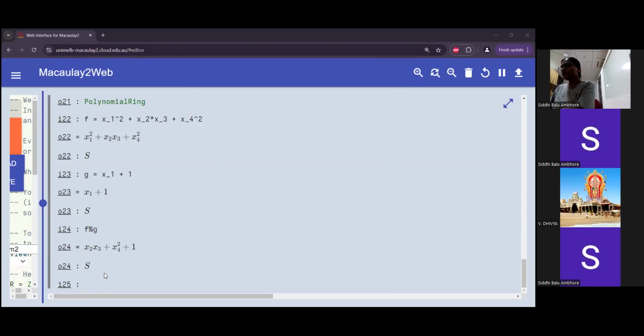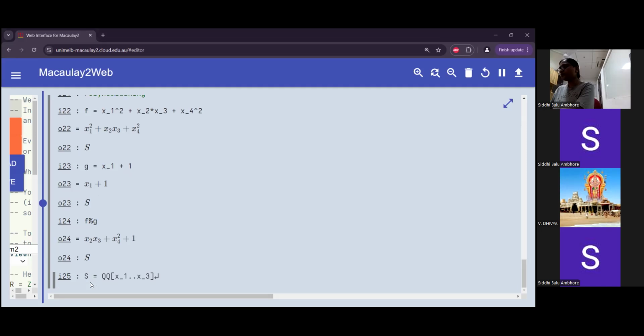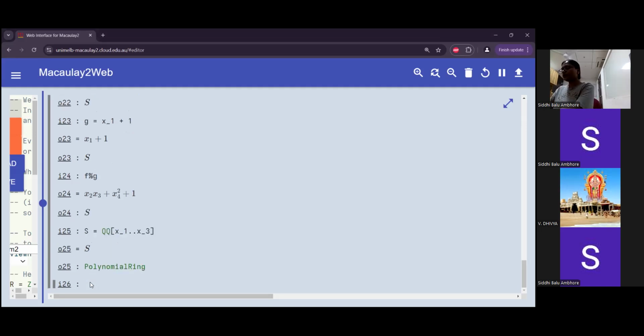And we'll now define this polynomial ring QQ x1 to x4, I think 4 variables, 3 variables, doesn't matter. And now this S polynomial f is equal to my x1 squared plus x2.